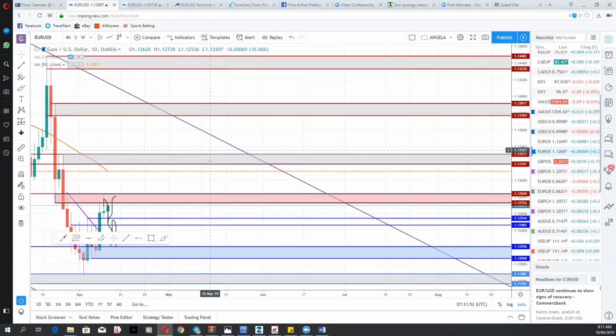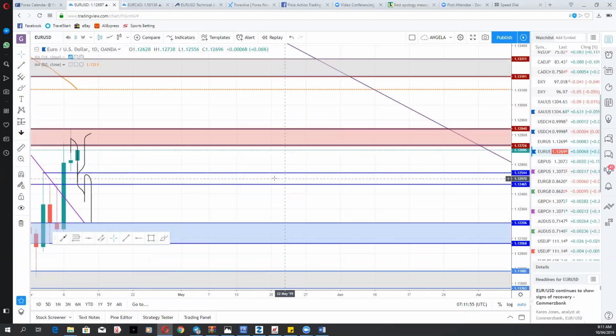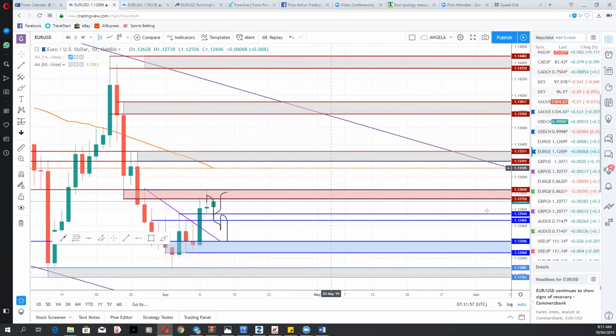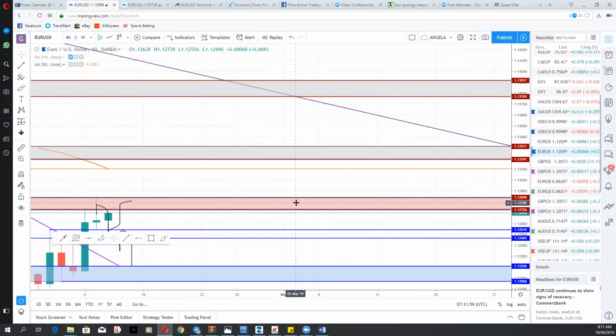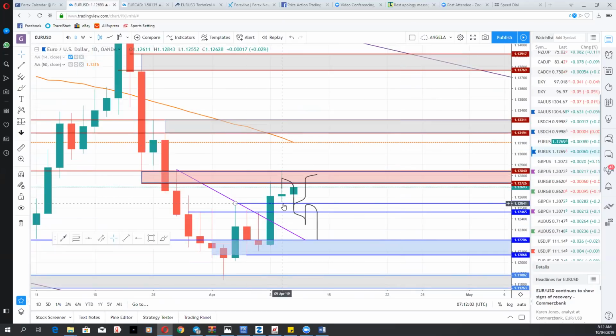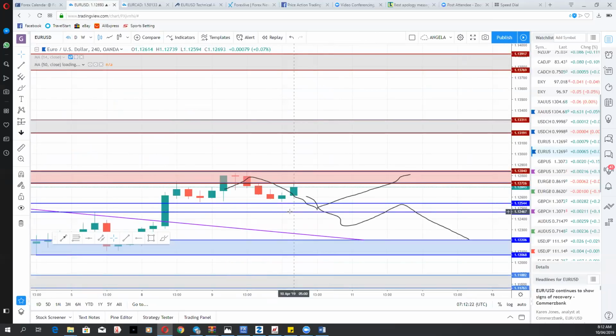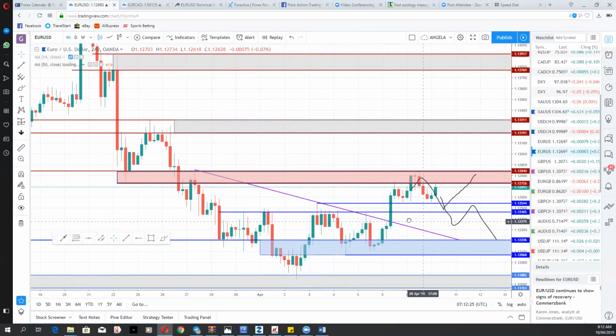The thing with wicks, dojis or inverted hammers is this: as long as you don't get a daily close below the low of this pink candle here, price may move above this candle. Until you get a close below it, then only would you have a full bullish weakness signal. So now, what do we have on this pair?